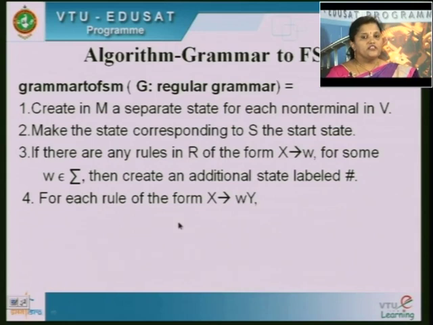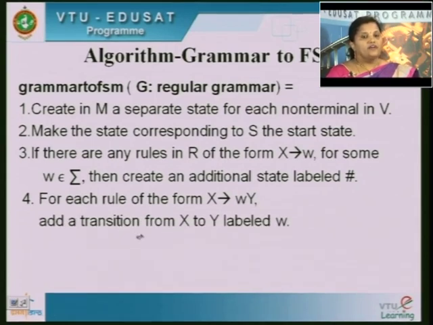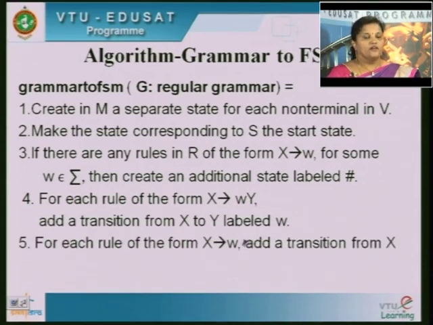Keeping these steps in mind, we can convert. For each rule of the form X derives Y, we add a transition from X to Y labeled epsilon, and for each rule of the form X derives w, add a transition from X to hash labeled w. That is the third one we defined, which is redefined here.